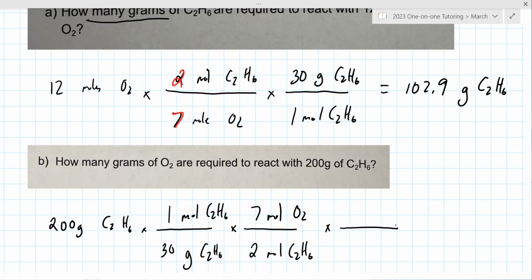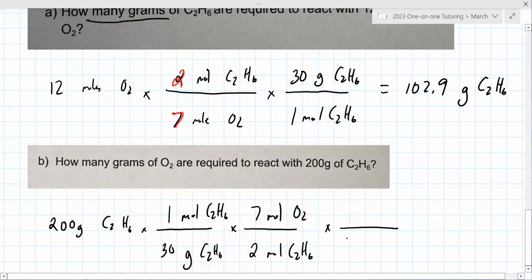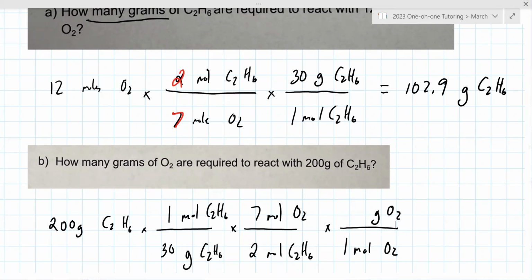So 1 mole O2, we need the grams of O2 from the molar mass. Grams of O2, 7 moles of O2 to grams of O2.